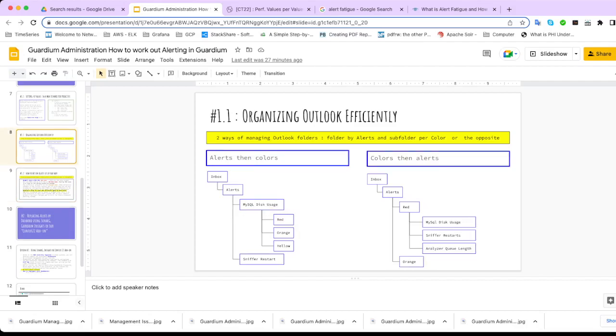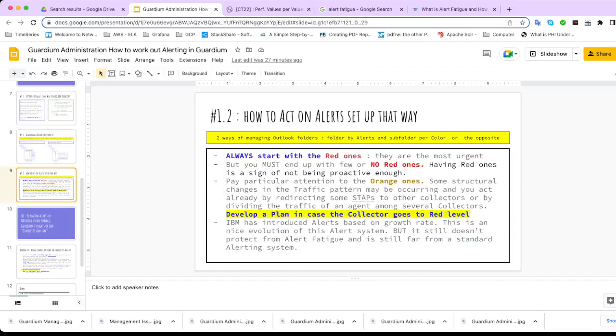Okay. So they are the most urgent, right? That's why. But at some point, you should not have that many red alerts, right? When you fix a red alert, it should put the collector in a more sustainable state.